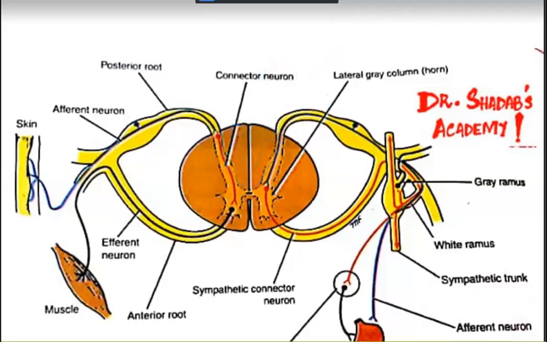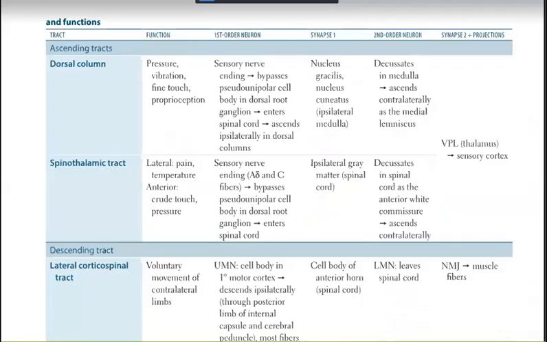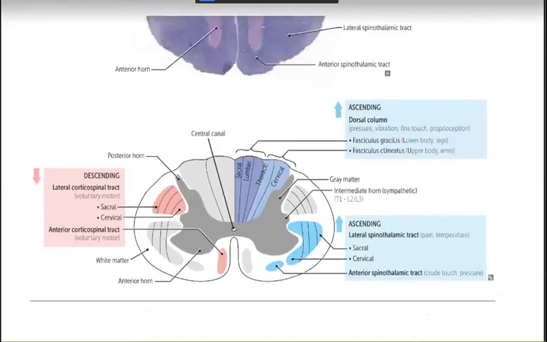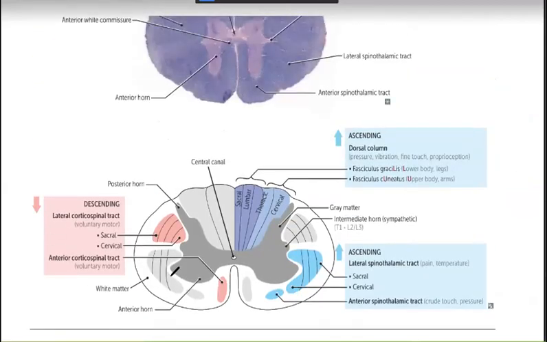So now I'll take you to this First Aid picture. Now you see this dark blue thing is your sacral. They have written sacral and lumbar for you. This is nucleus gracilis.